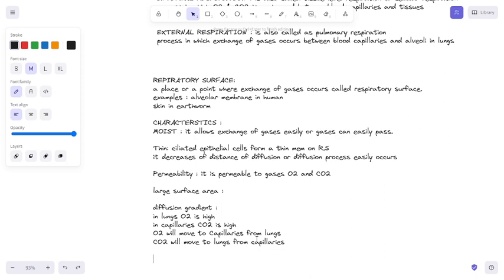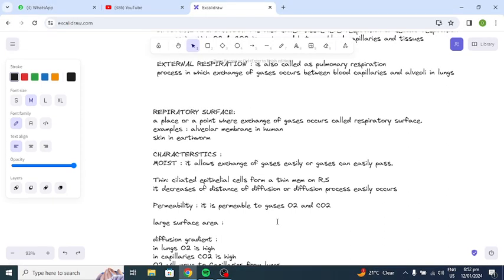So this was all for today, about the introduction of respiration, the respiratory surface, and the characteristics of the respiratory surface.